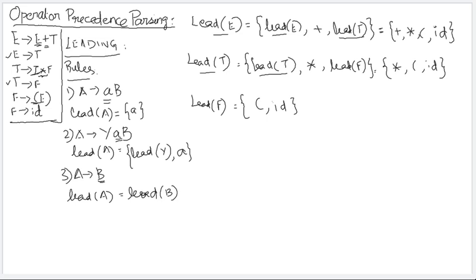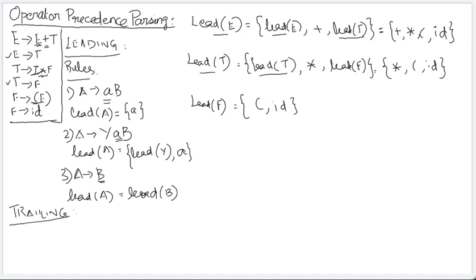So let us calculate the trailing value. Leading is computed. Next, moving on to trailing. In trailing also, we have three rules, the same as what we have seen over here. There can be three possibilities of production.